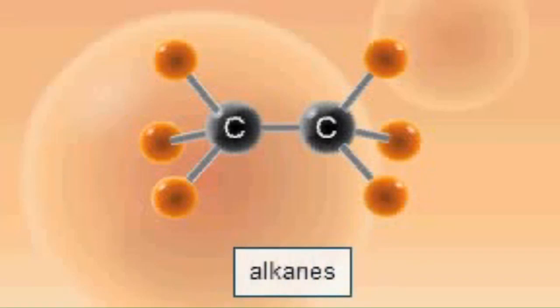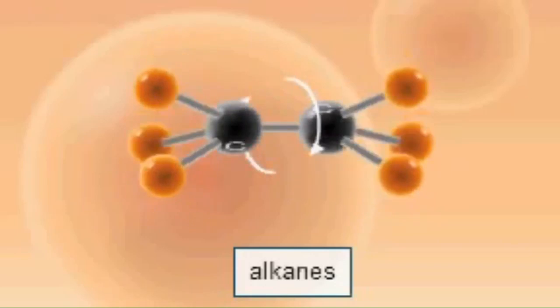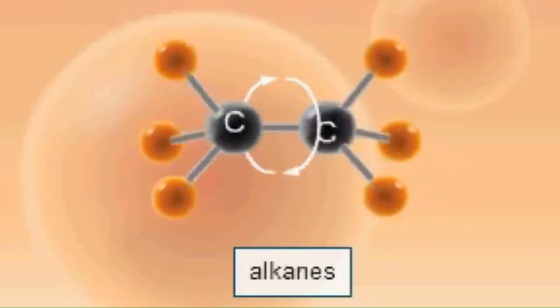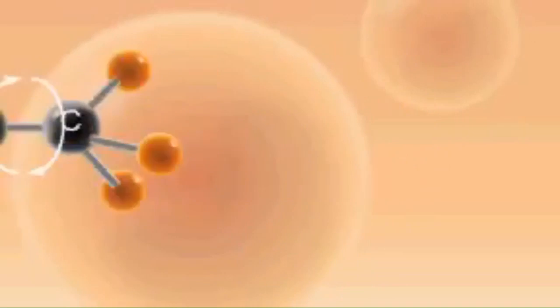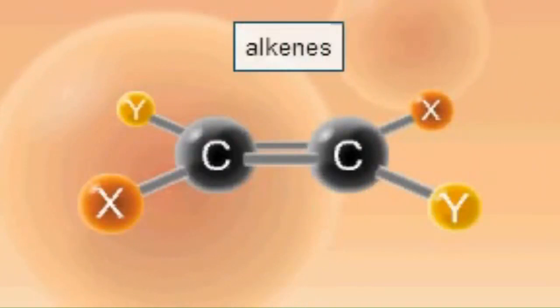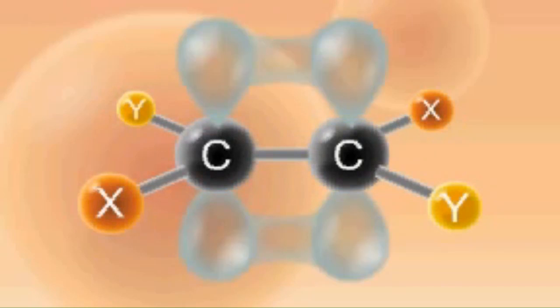Atoms which are linked by a single sigma bond can rotate about the bond axis. That is why alkanes are characterized by free rotation around the carbon-carbon bond. The situation is different in alkenes. The nature of the double bond requires the p orbitals forming the pi bond to be parallel to each other.